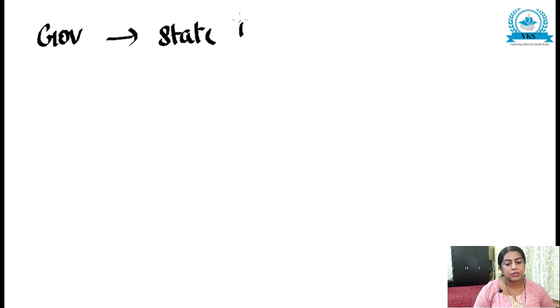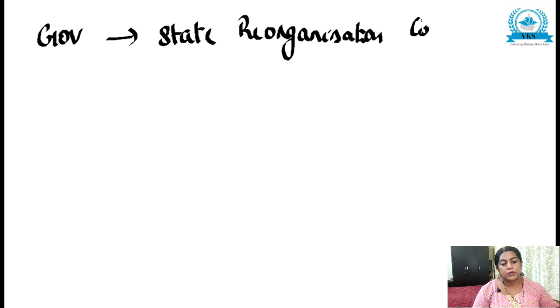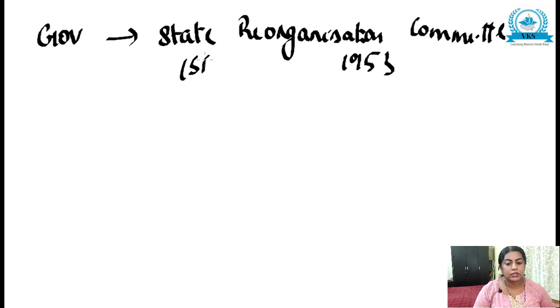This committee was appointed in 1953, called the State Reorganization Committee, SRC. So the success of Andhra encouraged others, because they saw the success of Andhra, and to meet the demand of the people, the government appointed the State Reorganization Committee, SRC, in 1953.